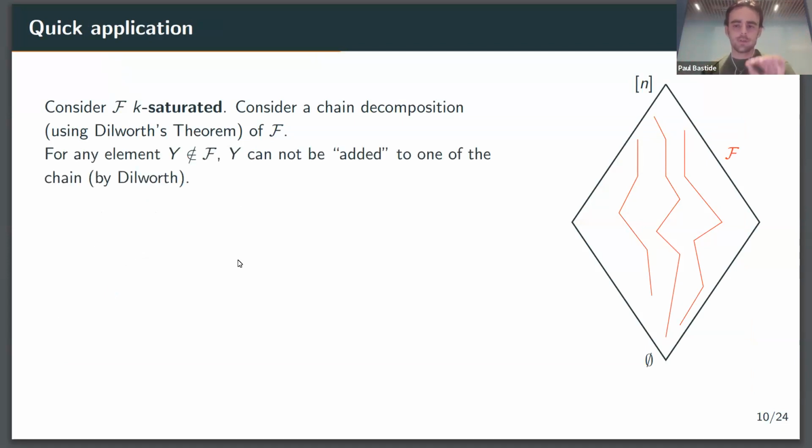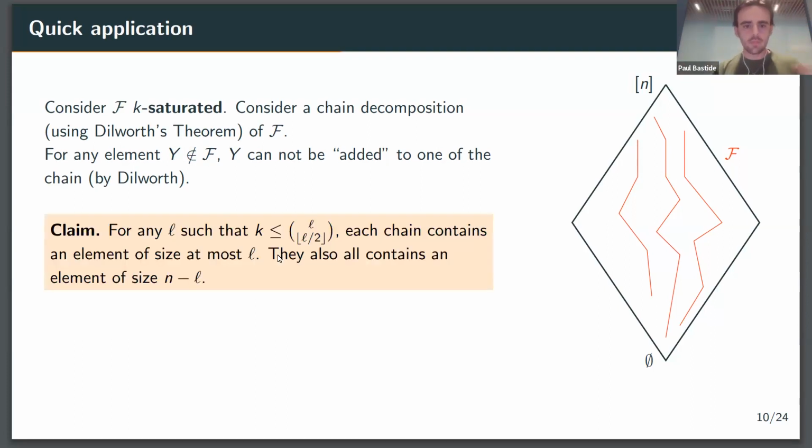This family is saturated, so it's kind of maximal in the sense that if I want to add any element y that is not in my family, I cannot complete a chain with this element, because otherwise, if I can add it to some of my chains, this means that I have a chain decomposition of size k-1, so I still don't have an antichain of size k by Dilworth's theorem again. Okay, so for any y in the Boolean lattice that I don't add to my family, it cannot be under some chain or in the middle of some chain.